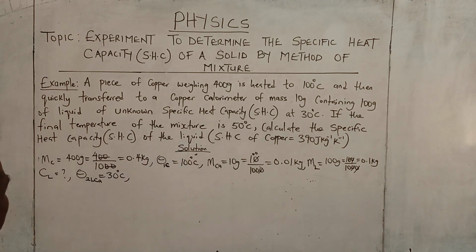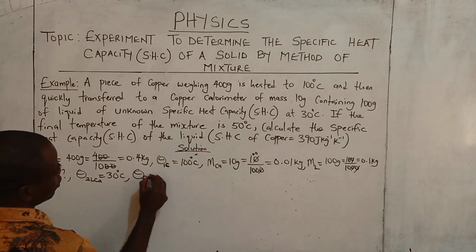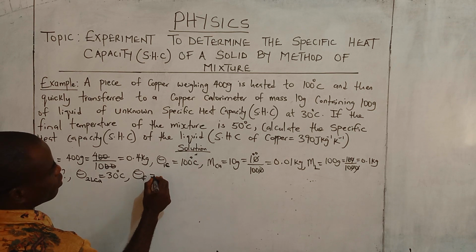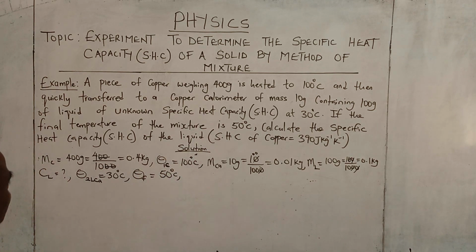If the final temperature of the mixture, call it theta F, is 50 degrees centigrade, calculate the specific heat capacity of the liquid.